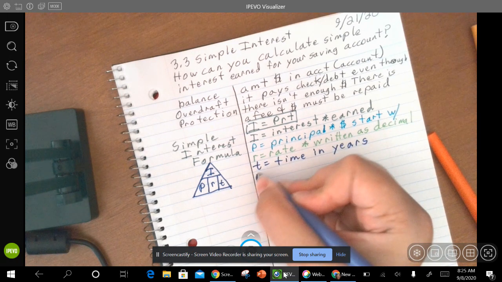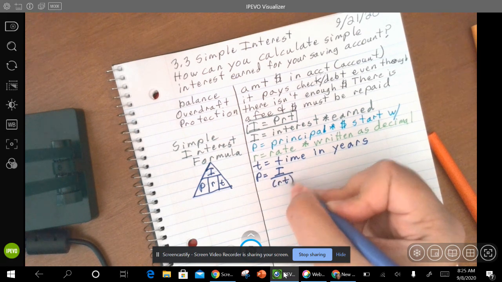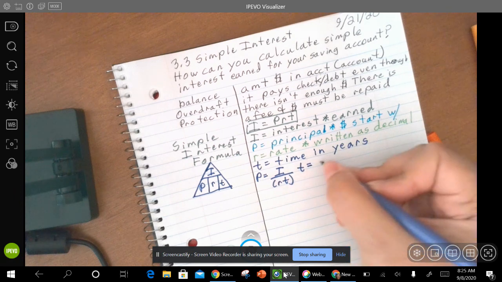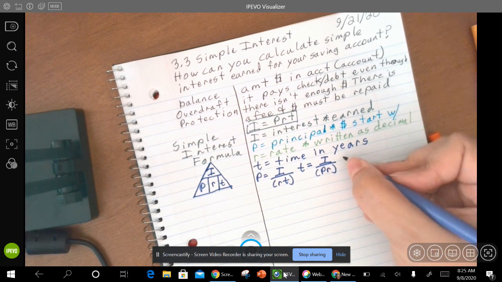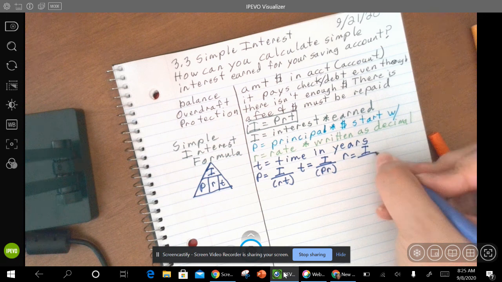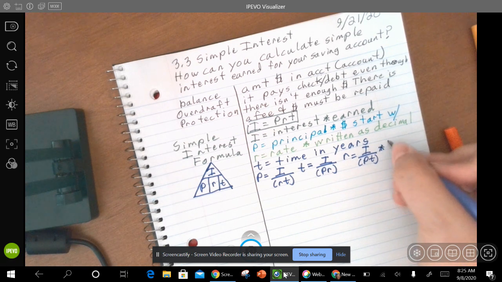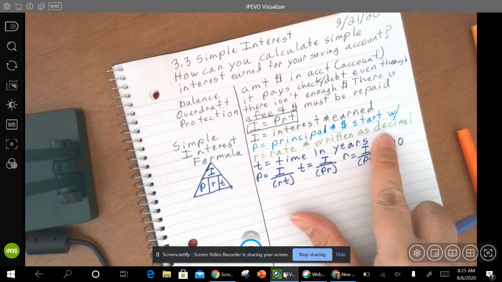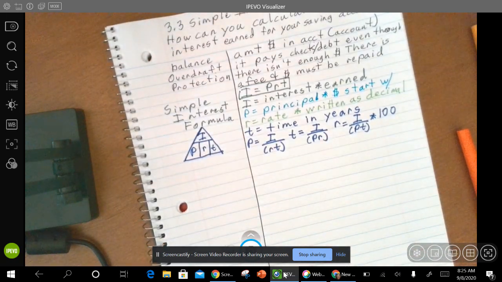Time is going to be the interest divided by the principal times the rate. And for the rate, it's going to be the interest divided by the principal times time. For rate, we have to multiply by 100, because remember it's written as a decimal, to get back to the percent. Okay, so let's do an example, everybody.